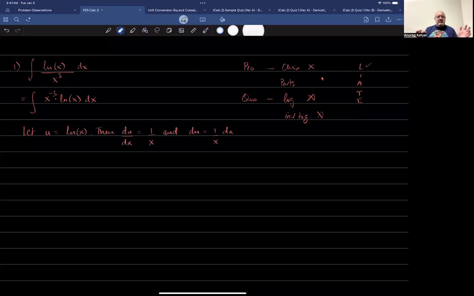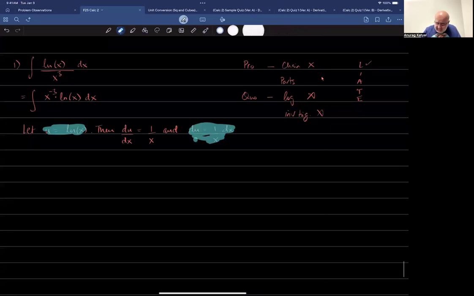And then you're saying as a result of that, the derivative of u with respect to x is 1 over x. And also, if we move the dx over to the other side, du equals 1 over x dx. So these are the two things I care about here. That's the first thing. And then the second thing is this. I need a u and I need a du. We have those two things.